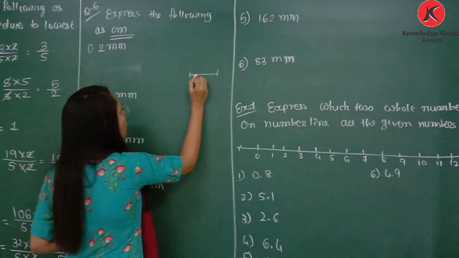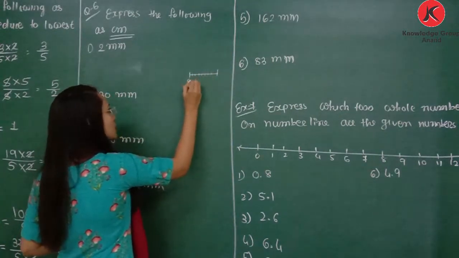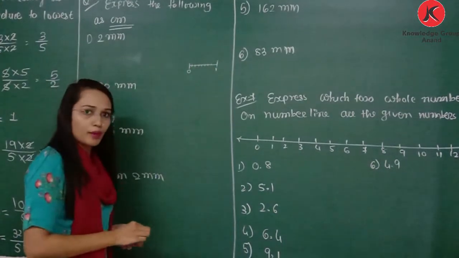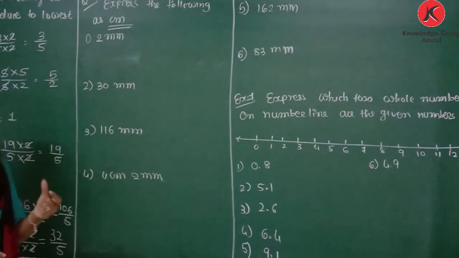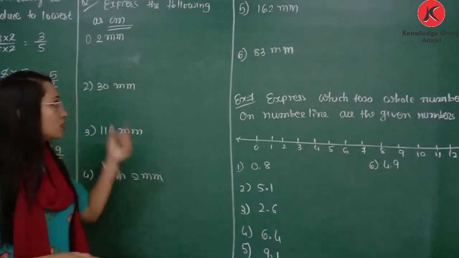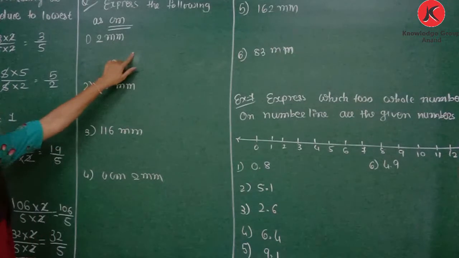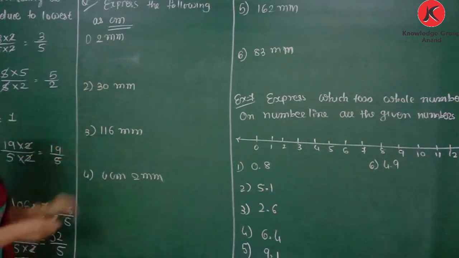And the smaller lines are given between this 0 and 1. So these represent mm. Okay. So in 1 centimeter, there are 10 small divisions between each 0 to 1. Okay, so 1 centimeter is equal to 10 mm.